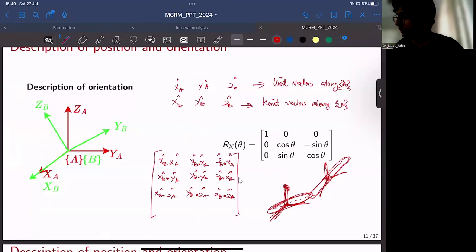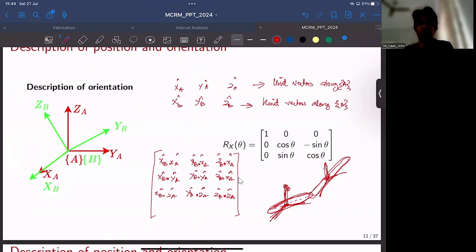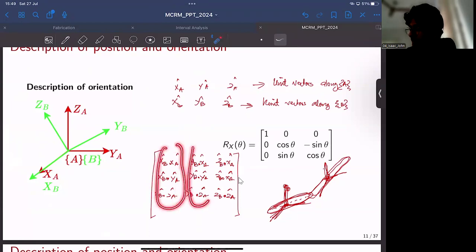So in robotic manipulators, there is relative translation as well as relative rotation between frames. That is why describing the orientation between frames is of importance. So we'll look at this in more depth. What does this mean actually? We can look at this as individual columns.